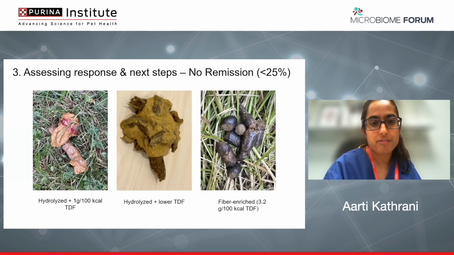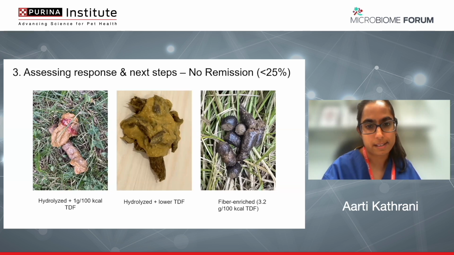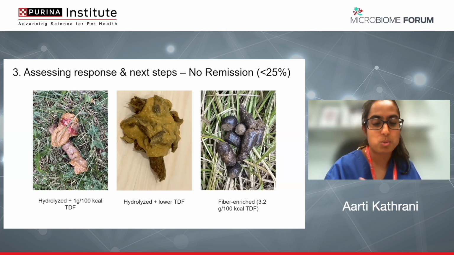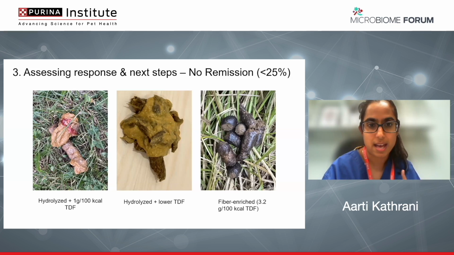We then dropped the fiber, which didn't help. And then we went with fiber enriched and stools improved perfectly. So this is an example of a cat that needed 3 diet trials before we found the one that worked. This is just an example of those cases with no remission, where sometimes we do persevere and we can find the diet that helps.